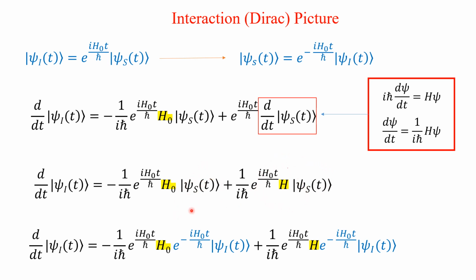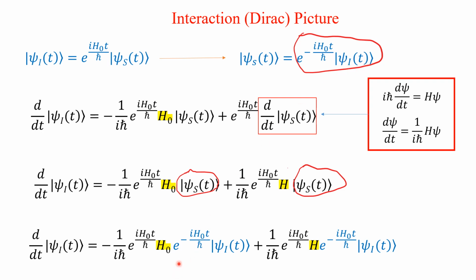Now you see, I want to bring all in terms of the state vector in the interaction picture, that is psi sub I. So here you take psi_S of t, and here psi_S of t, the state vector, can be replaced by e to the power minus i H naught t over h cross ket psi_I of t.